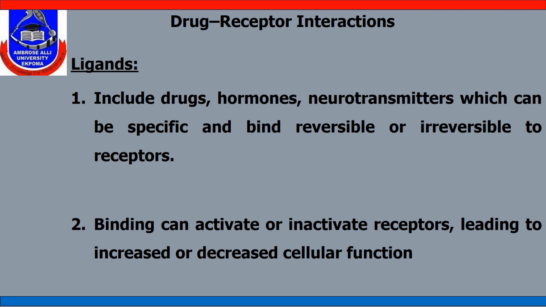Let's take a look at drug receptor interactions. First of all, we may want to know what a ligand is. It includes drugs, hormones, neurotransmitters, which can be specific and bind reversibly or irreversibly to receptors.